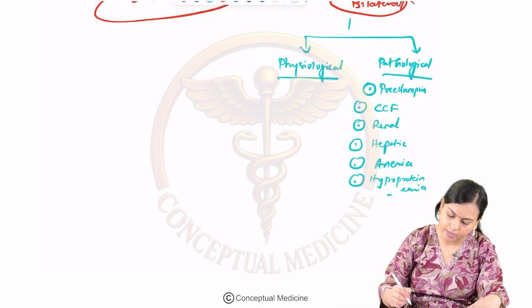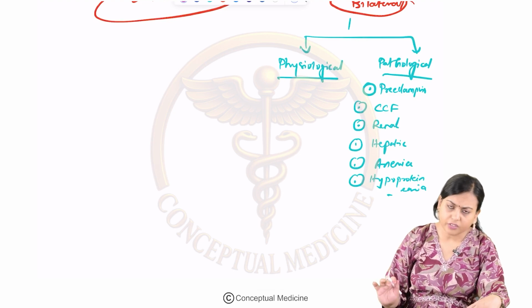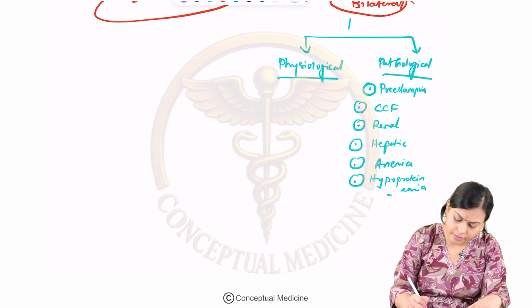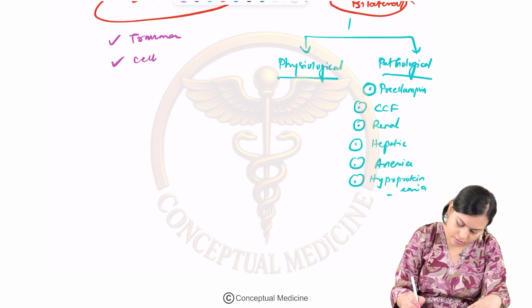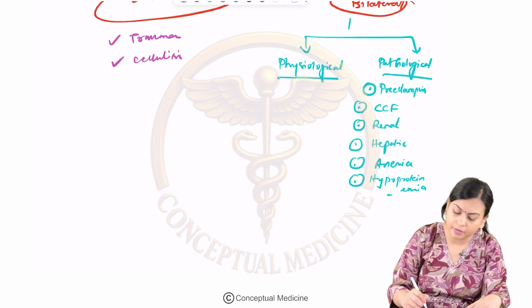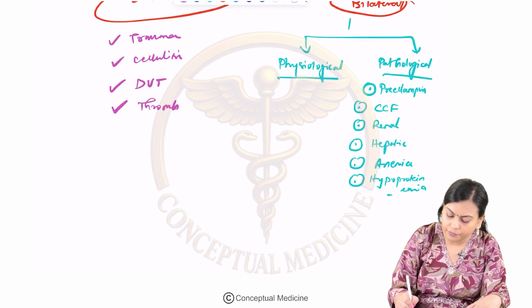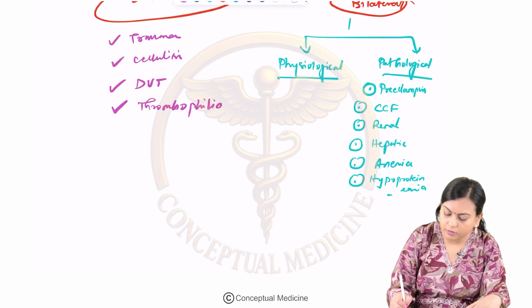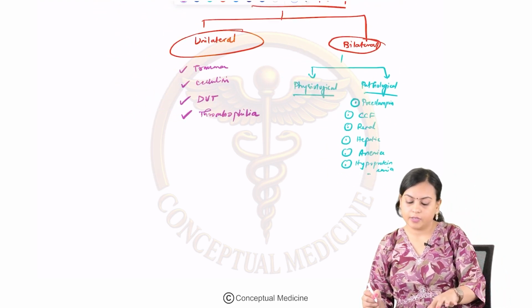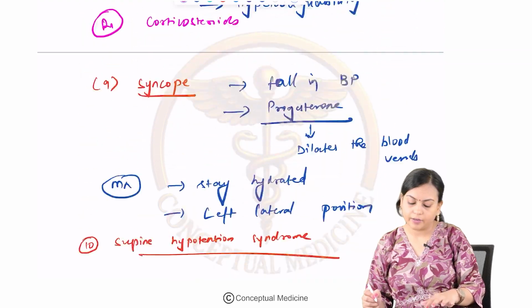Understood? Now when there is unilateral edema, it is most commonly due to trauma, cellulitis, and remember, don't forget about DVT and thrombophilia also. Understood? So these are some of the important minor elements.